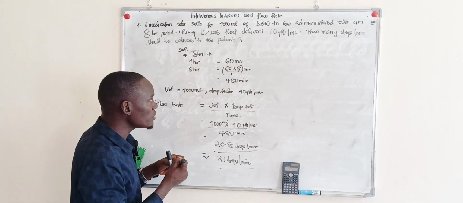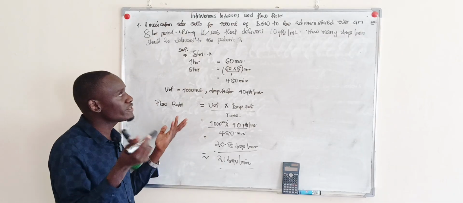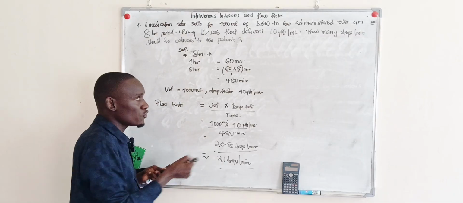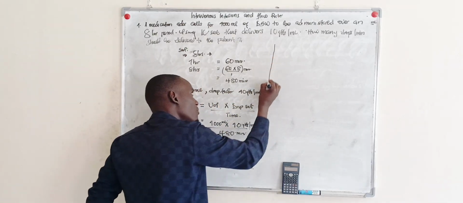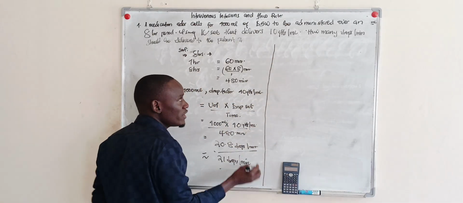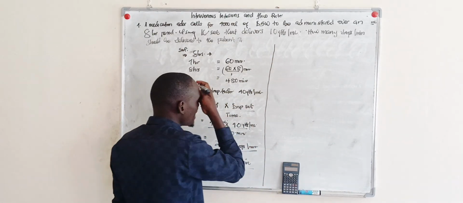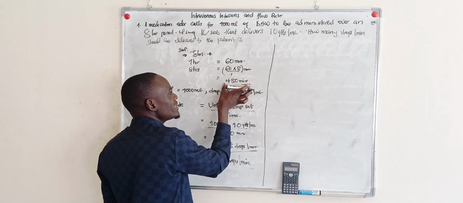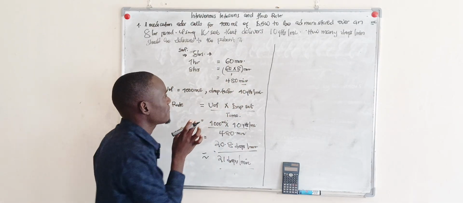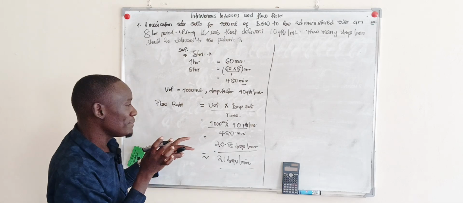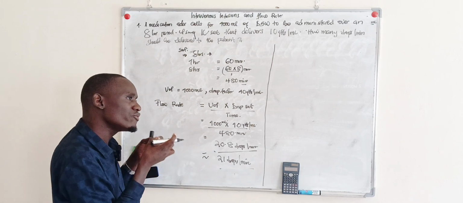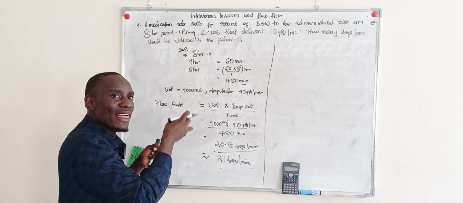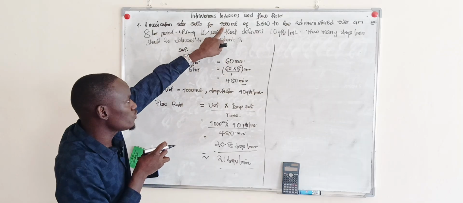Or another person may choose to do it from first principle if you don't want to use a formula. And I will recommend all of us to buy this concept. After getting this, we know that this is in minutes. So we want to determine how many drops are there in this volume.